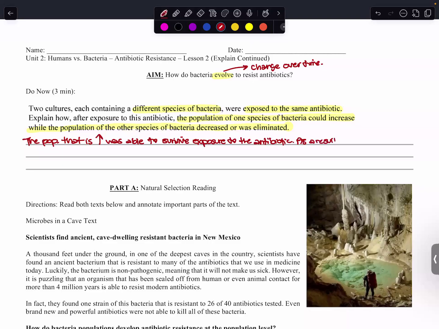As a result, they were able to reproduce and pass on those genes of resistance to future generations.